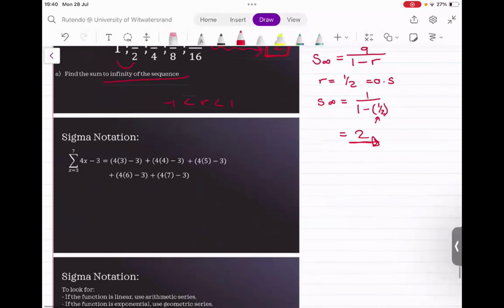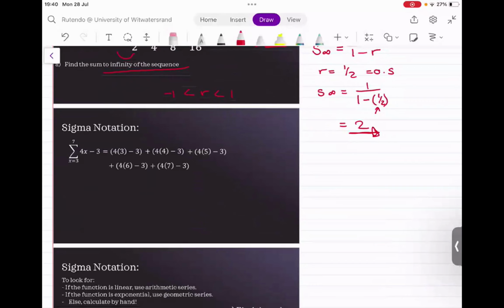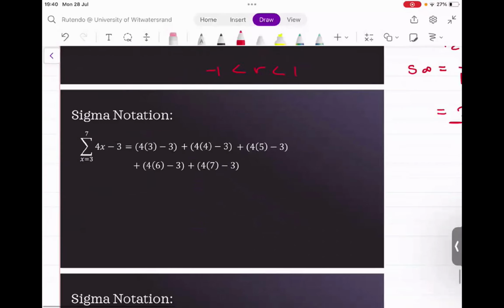Okay, and then sigma notation. This one isn't actually that bad. I don't know why people are scared of it. Sigma notation is just a way of showing a series, which is where you have addition.